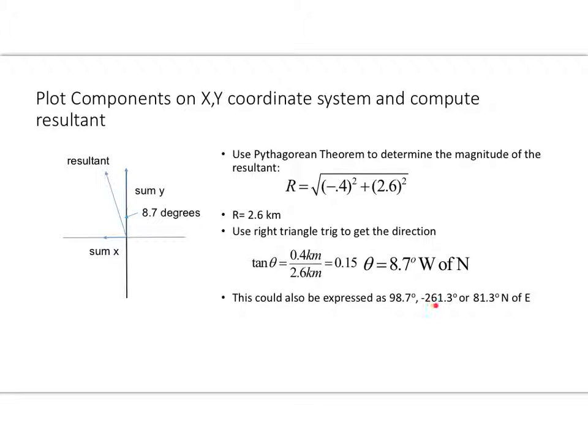Or you could express the angle relative to the x-axis rotated around this way, clockwise, and that's negative 261.3 degrees. Or finally, the other way you could express it is this angle in here, which is 81.3 degrees, and that would be north of east, because that's the easterly direction, so it's that many degrees north of east.